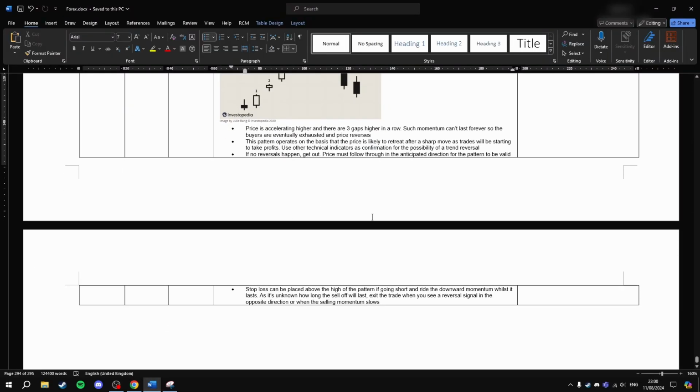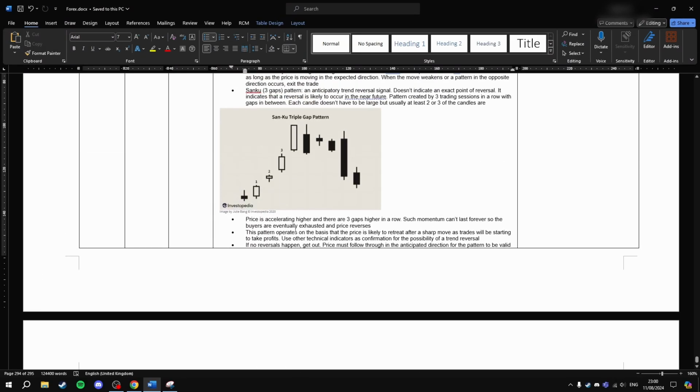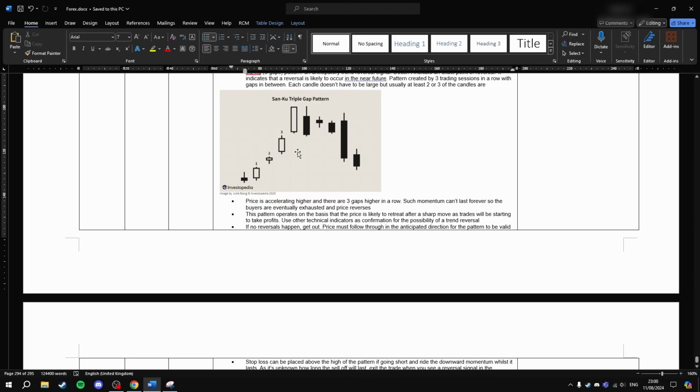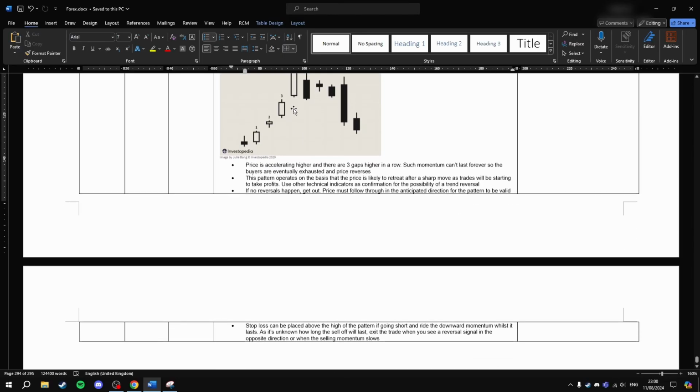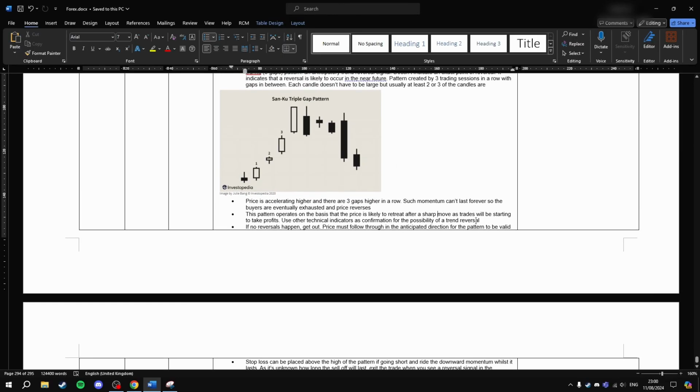You have to use other technical indicators to confirm your entry. So you don't really even know when to enter using this pattern alone. But say the other indicators tell you to enter here, then the price went up here, then the pattern just becomes invalidated because price must follow through in the anticipated direction, which is down, for the pattern to be valid.